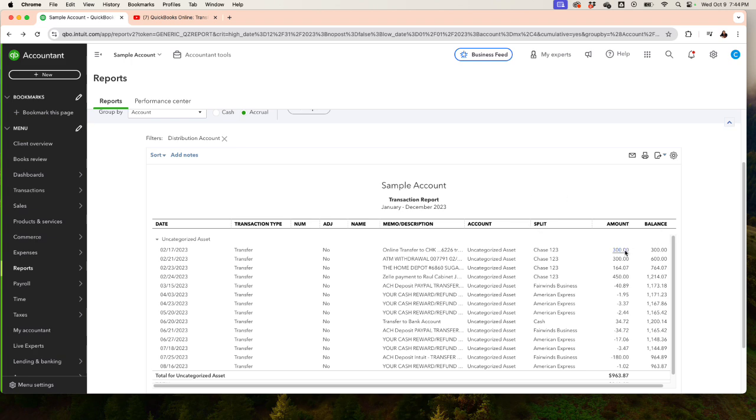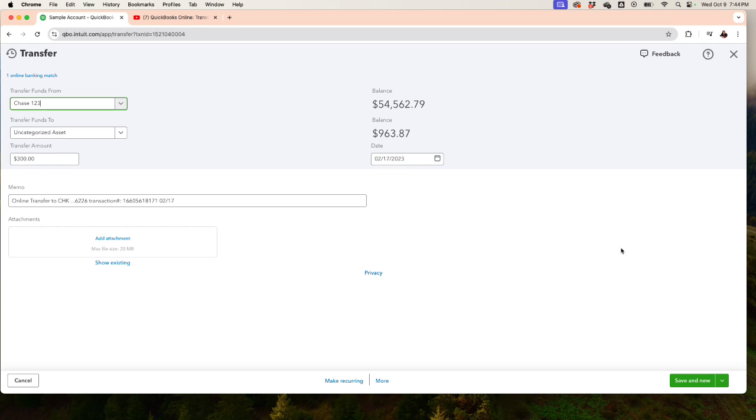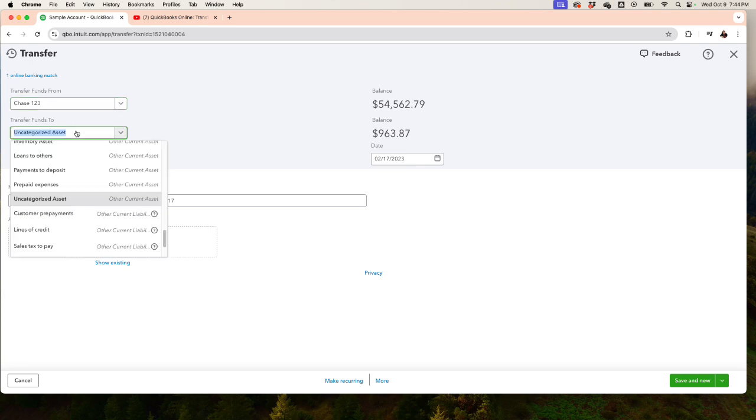So we're going to do a couple of those now. Let's suppose that this one is actually supposed to be owner's distribution. Because owner's distribution is an equity account, I can actually record it as a transfer. So I don't have to bring it back to for review. I can change it right here.